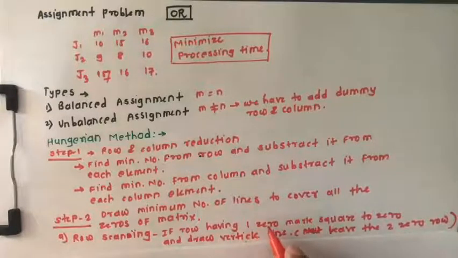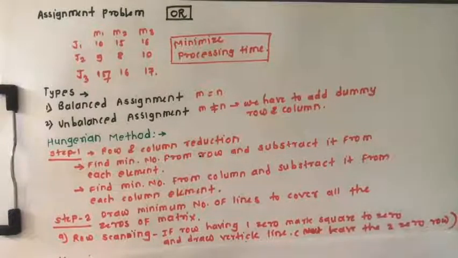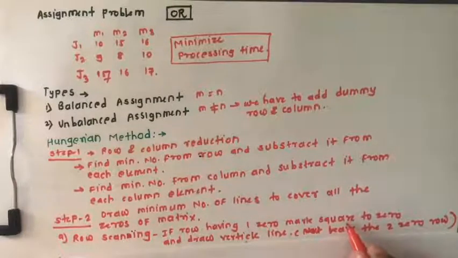If a row has only one 0, mark a square on that 0. So we have to mark the square for the particular 0 only when the row contains only one 0. If the row contains two 0s, we leave that particular row. Okay, and after marking the square, we have to draw the vertical line along the column passing through that particular 0. Okay, so this is the first step.